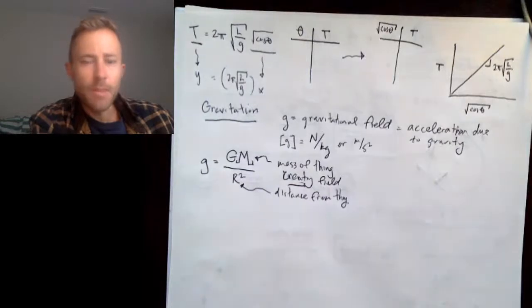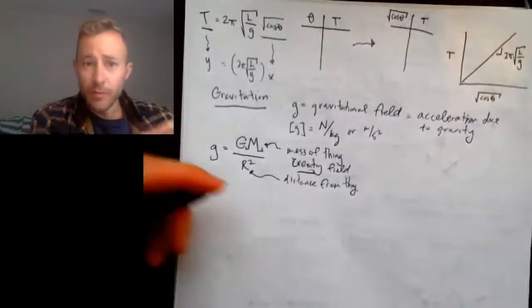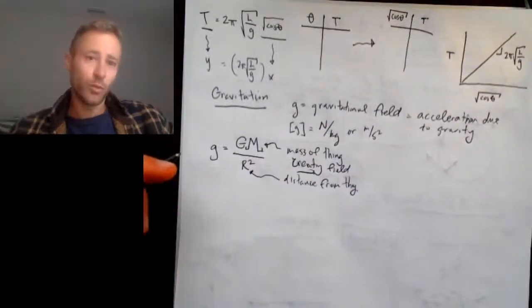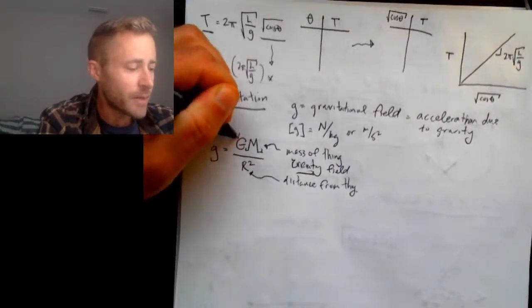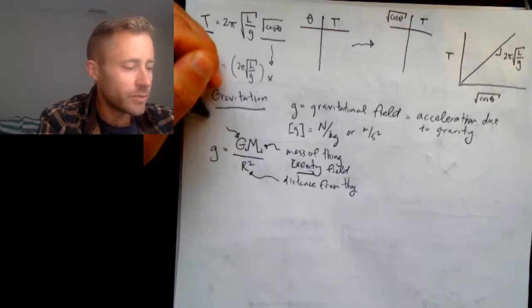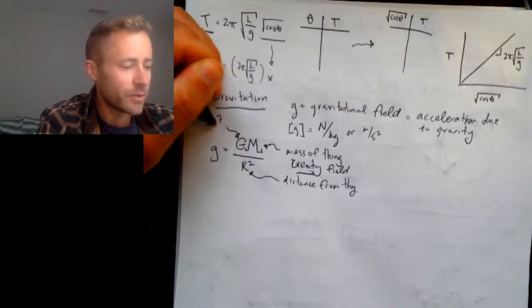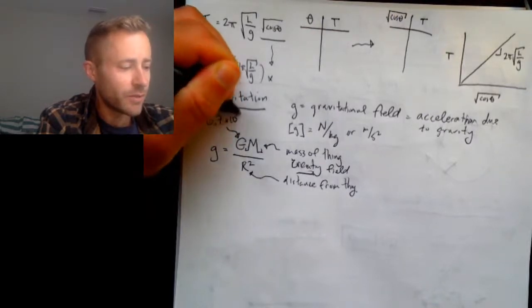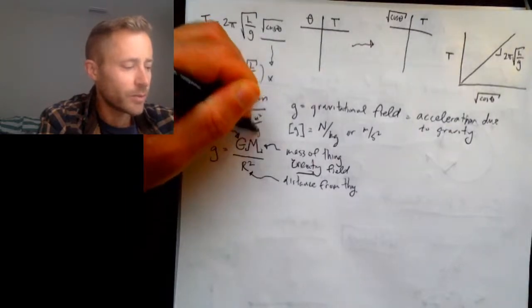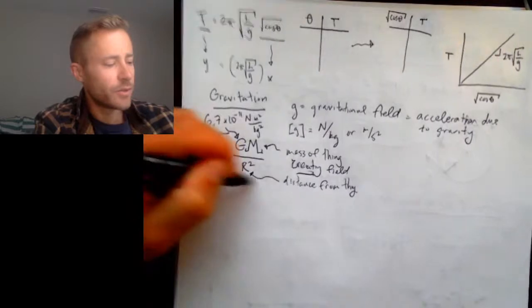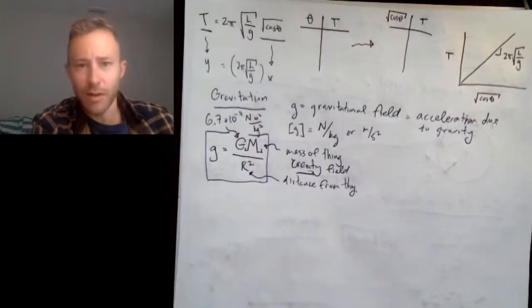All right. So as you get further away from an object, the weaker the gravitational field becomes. Big G is a constant of nature, and its value is 6.7 times 10 to the negative 11 newton meters squared per kilogram squared. Okay, so this is the main equation for gravity.